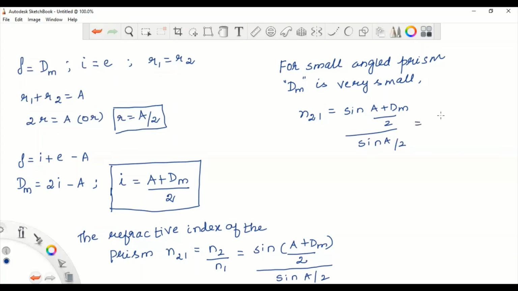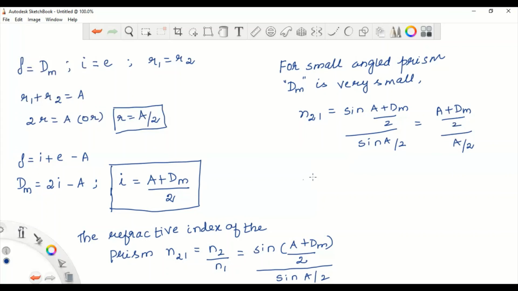So let us consider, since dm is very small, we are going to consider it as A plus dm by 2 divided by A by 2. Okay. So what you will get here, children, you can also write deviation. 2 and 2 will get cancelled.